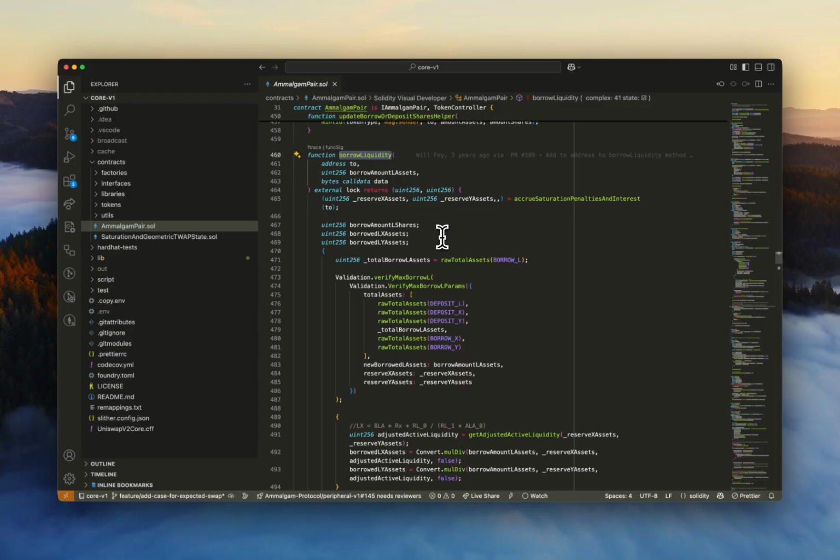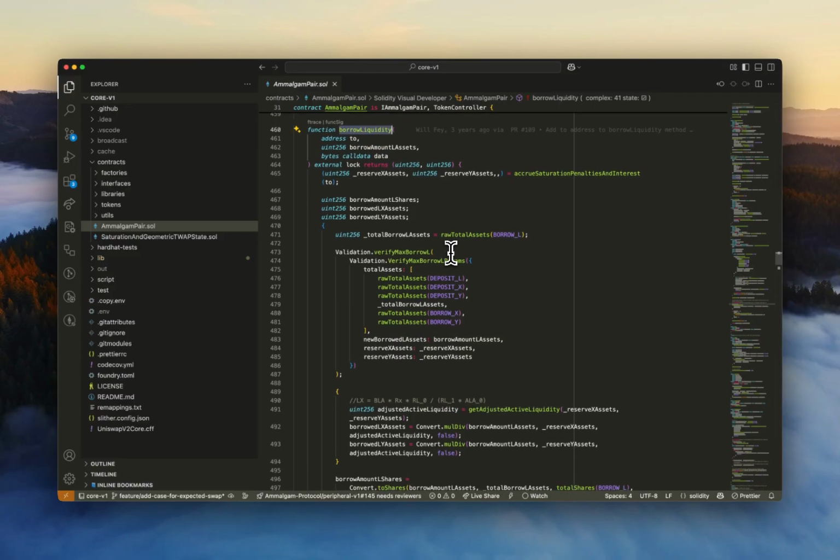So this function can kind of be thought of as two steps, all bundled together in this one function. You're borrowing AMM tokens, and your debt is denominated in those shares, and then you take those AMM tokens and you withdraw them from the protocol. So it actually will send you the underlying X and Y associated with those shares.